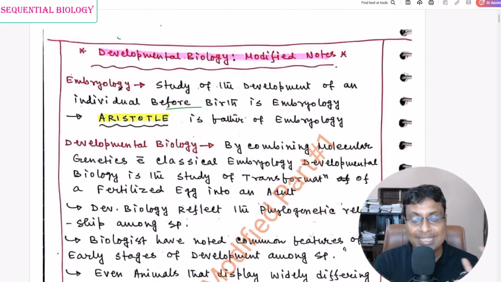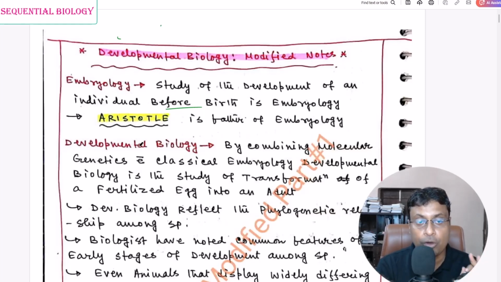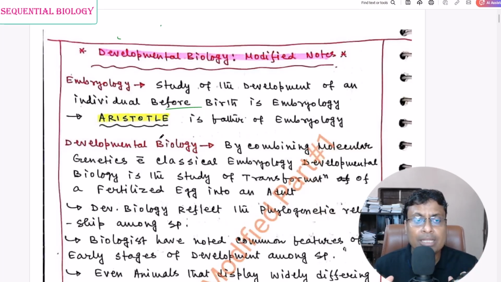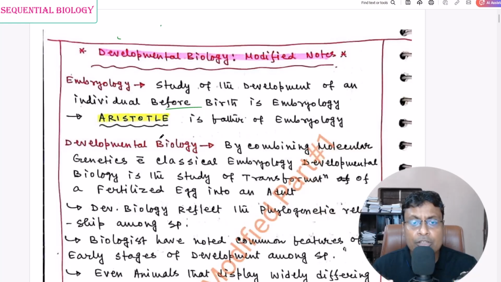First, we will see the relationship, or the differences, between embryology and developmental biology. This branch of biology is known as embryology, which deals with the study of development of an individual before birth. But in developmental biology, embryology and genetics are collectively combined.